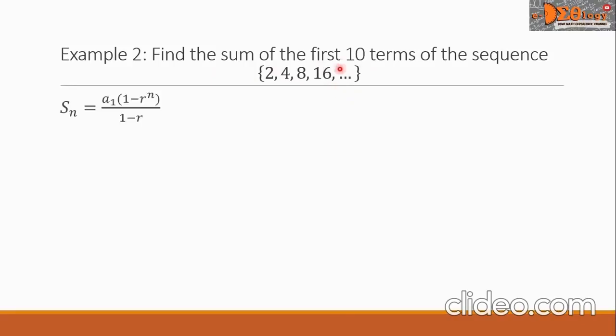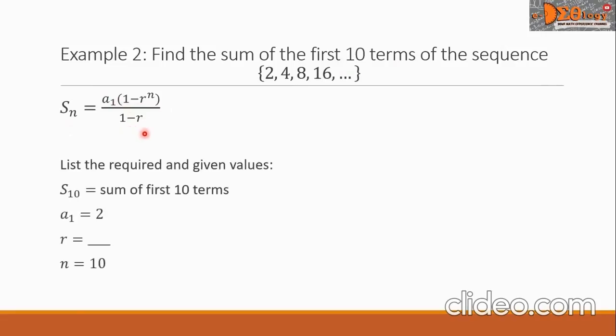Since we're going to find the first 10 terms, we will use this formula: S sub n equals a sub 1 times the quantity 1 minus r raised to n all over 1 minus r. Let us list the required and given values. The first is S sub 10.